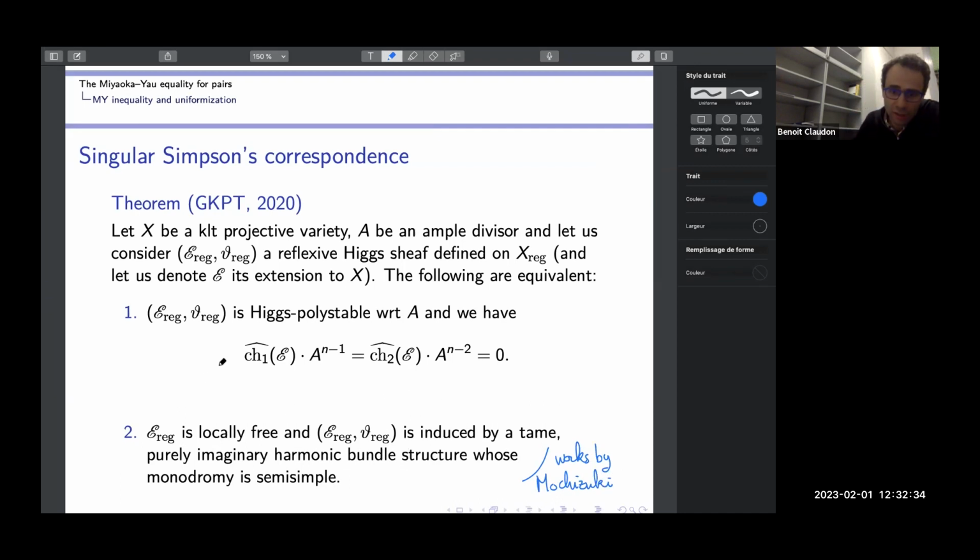And so I just want to explain the upshot that we will use. You see, if 2 happens, so if this guy is locally free, and since it's induced essentially by a representation, it says that this guy is flat.